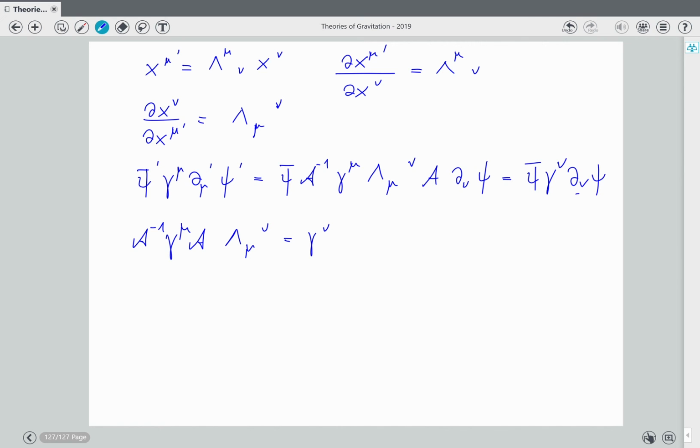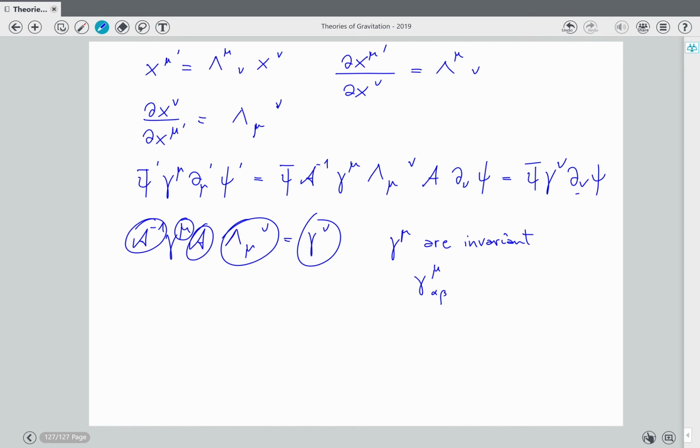By the way, this is precisely the statement that the gamma matrices are invariant. Because remember that the gamma matrices have spinorial indices and an index mu. So when you make a Lorentz transformation, the index mu gets a lambda, and the spinorial indices get an A. So you transform all the indices of gamma, you do nothing.